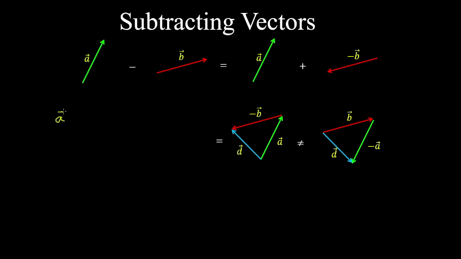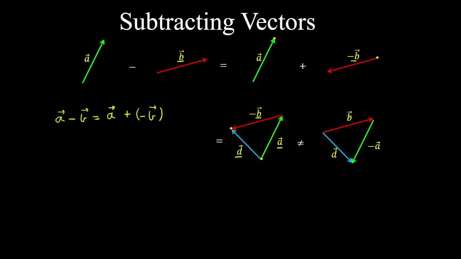So if we want to subtract B from A, for example, then we can first negate B, as we've shown here, which reverses its direction, and then we can add this to A. So using the head to tail method, we place the initial point of minus B at the terminal point of A, which looks like this, and then we draw our resultant vector D from the initial point of A to the terminal point of B, using the head to tail method.